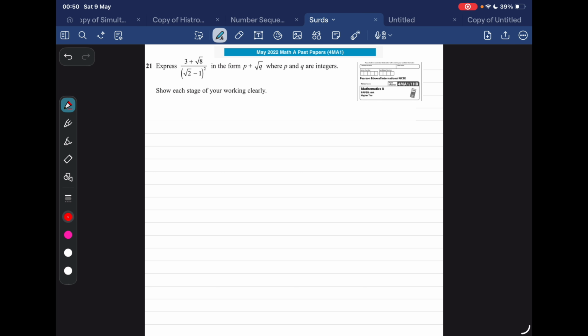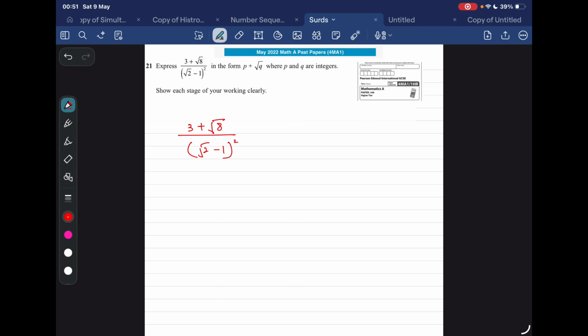Let's see. The question says express, I'm going to write it first here: (3 plus root 8) over (root 2 minus 1) all squared.